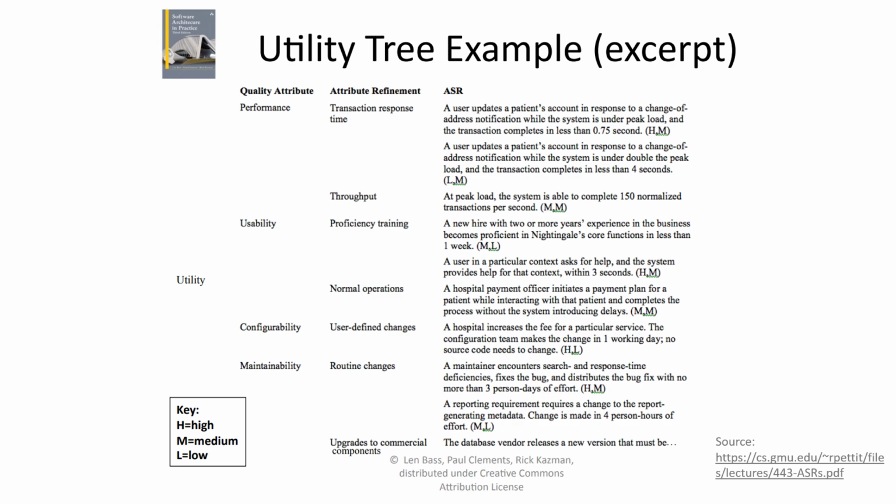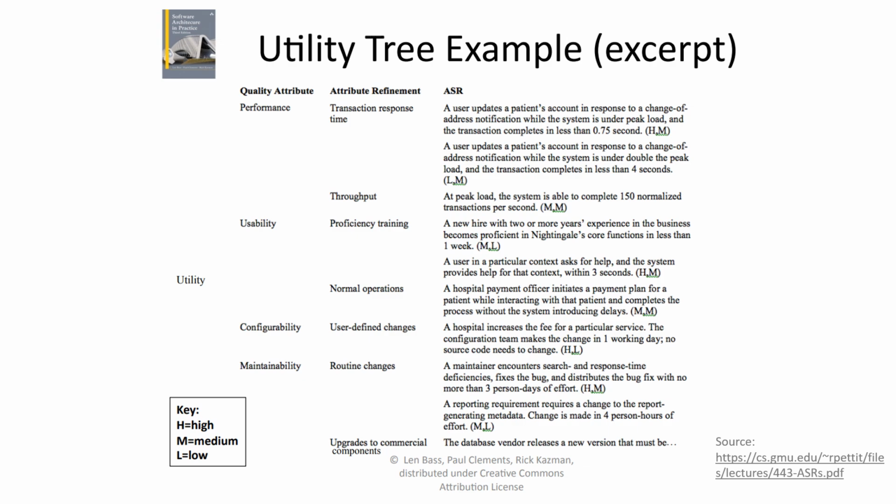One way to record architecturally significant requirements in one place is using the utility tree. It shows the priority of each architecturally significant requirement in terms of impact on architecture and the business or mission value, on a scale of low, medium, and high. For example, if its impact is high and also its value is high, then it can be HH.